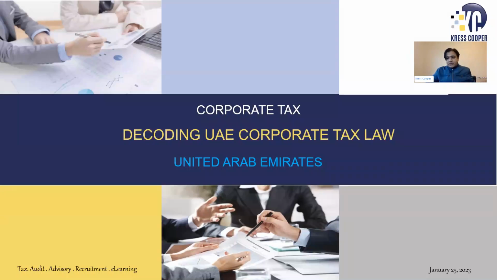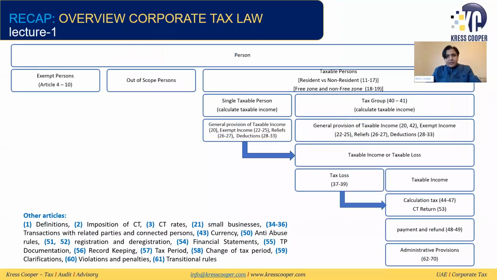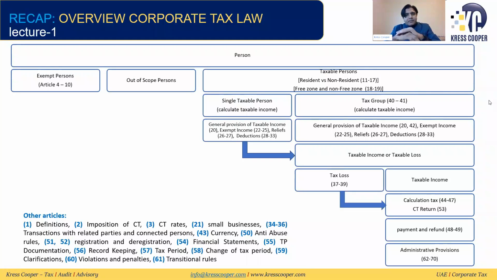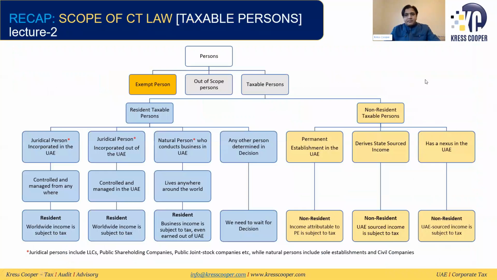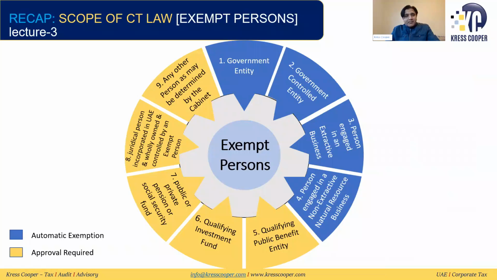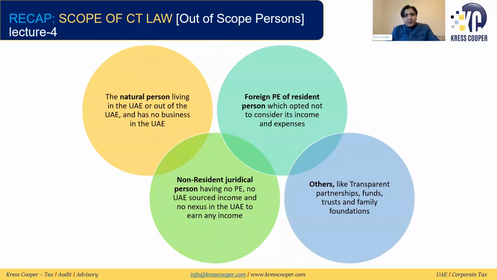As usual, we are starting our discussions by recapping the previous lectures. In our previous lectures, we have already discussed the overview of the UAE Corporate Tax Law, the taxable persons, exempt persons in detail, and out of the scope persons.